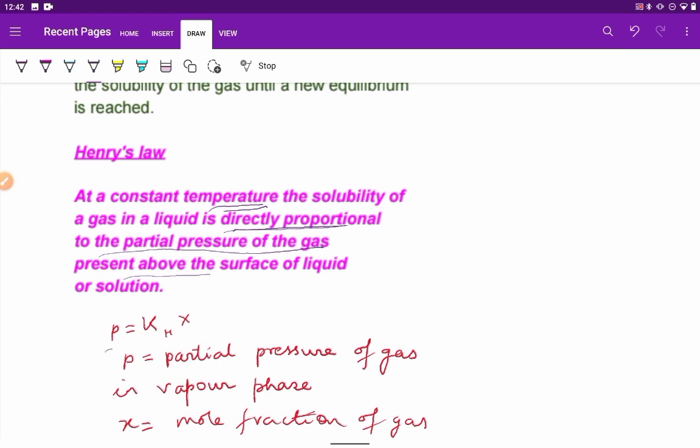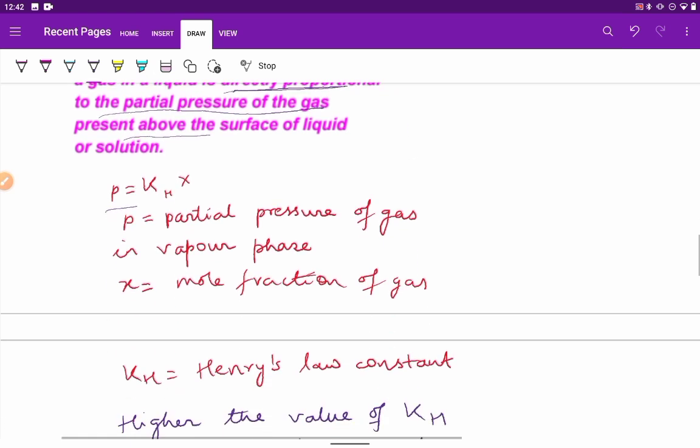So mathematically, P = Kh X. Kh is Henry's law constant, P is the partial pressure of the gas, and X is the mole fraction of the gas in the solution. This means when we increase the pressure, the number of molecules of the gas inside the solution will also increase, because the solubility has increased.